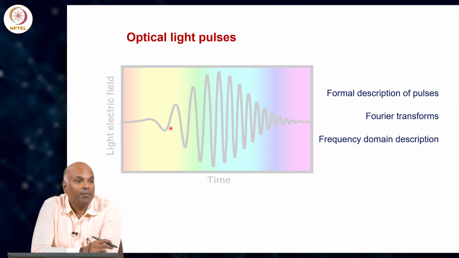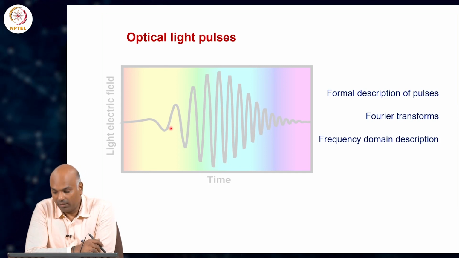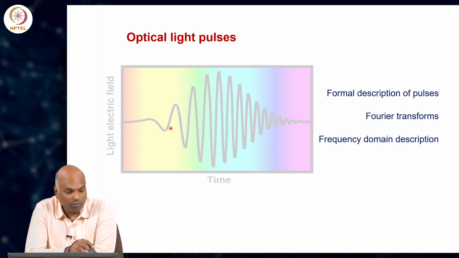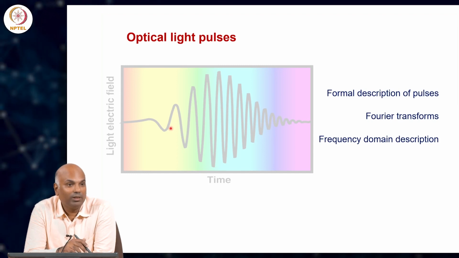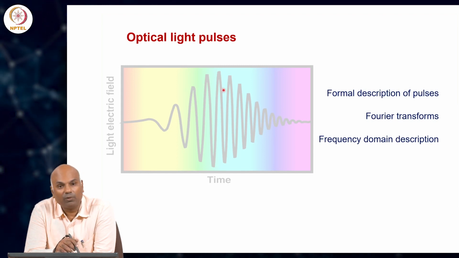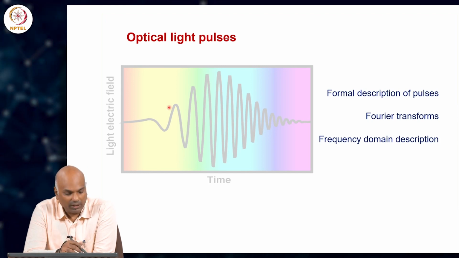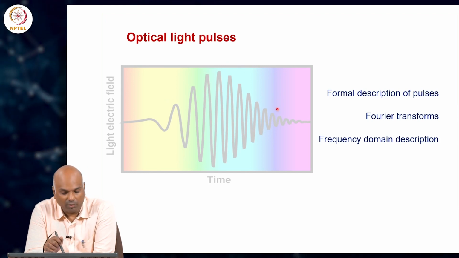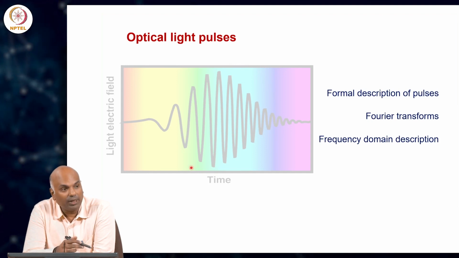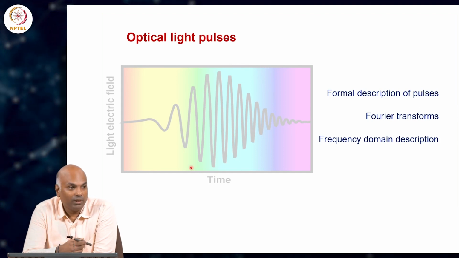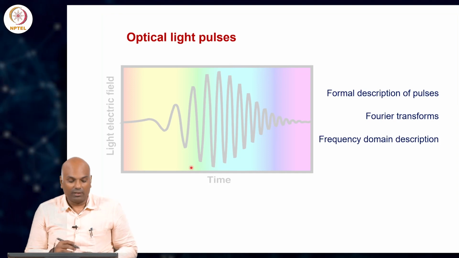So, indeed we have even today in this very advanced human era, if you wish, only a fairly limited number of options to create optical pulses, and it is an evolving subject of science and technology in order to make newer and newer lasers with characteristics that we desire of them.